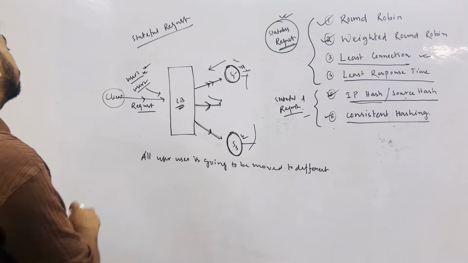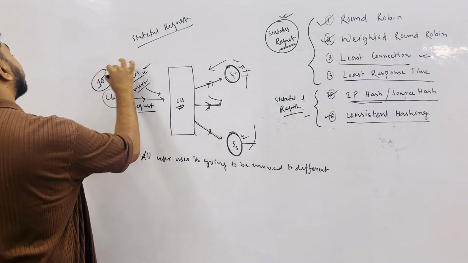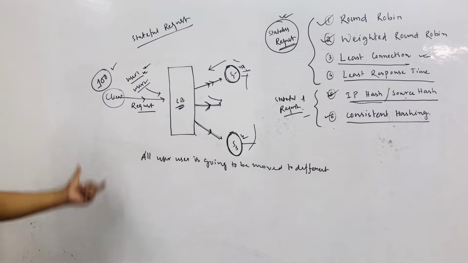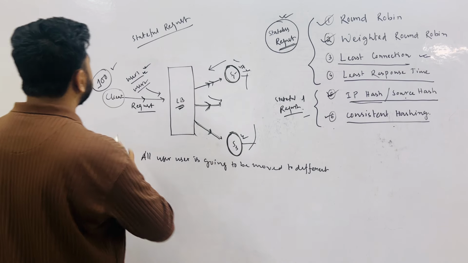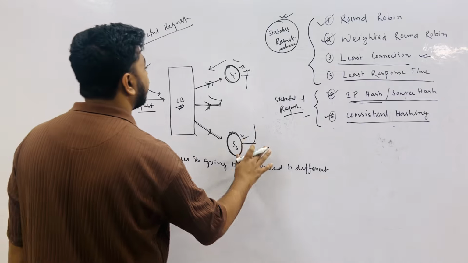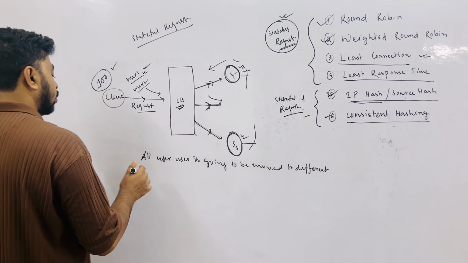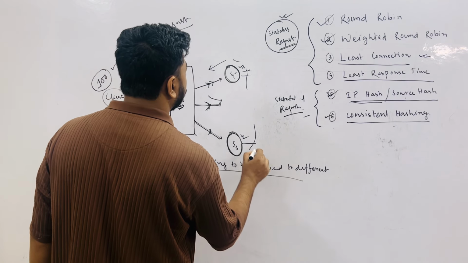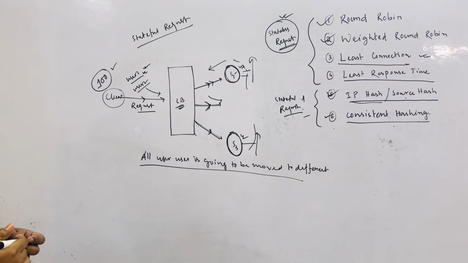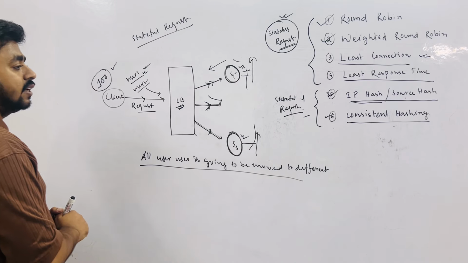Suppose you have 100 users. Now all 100 users are going to lose all the previous context data, all the session storage data, all the caching data, everything, right? So now what is going to happen? The load on your servers is going to be heavily increased whenever any change happens in IP hashing.